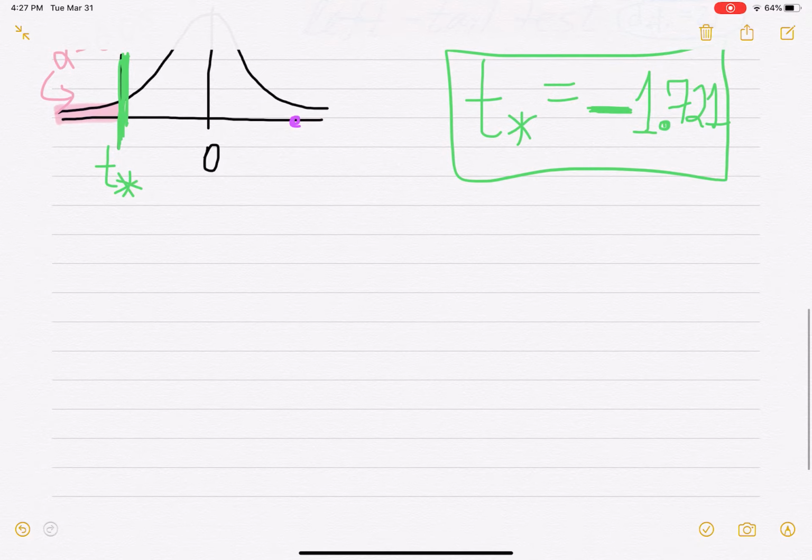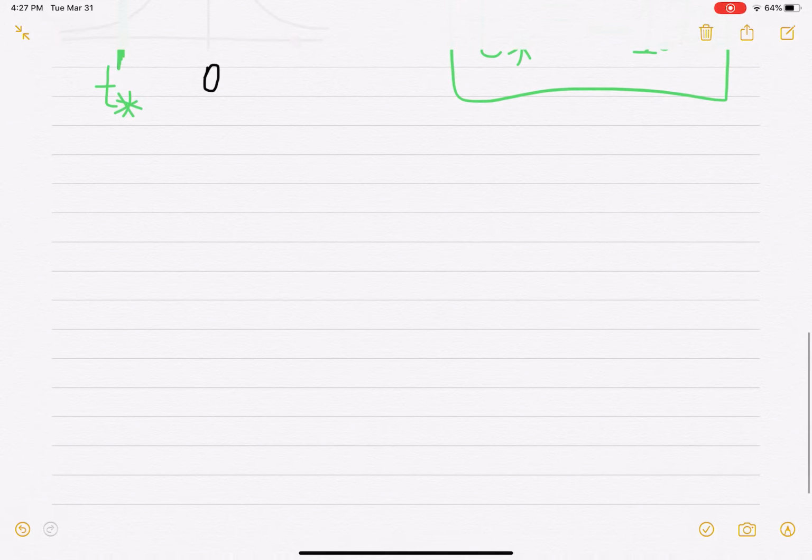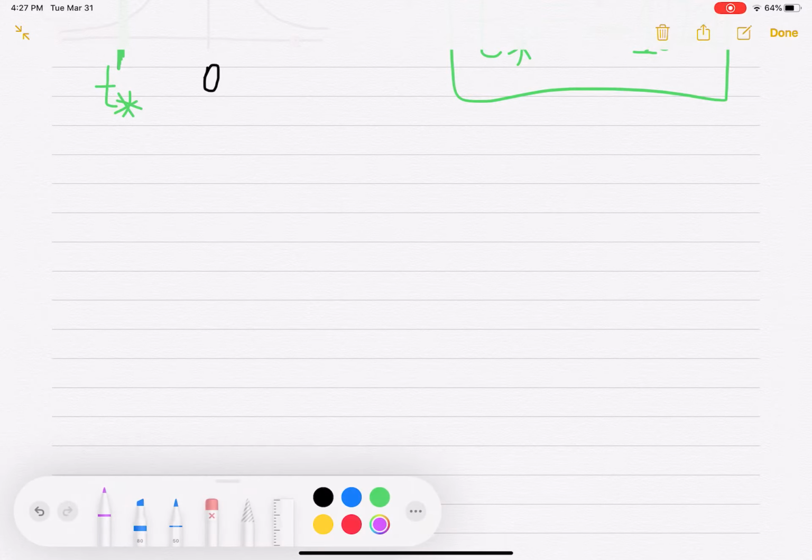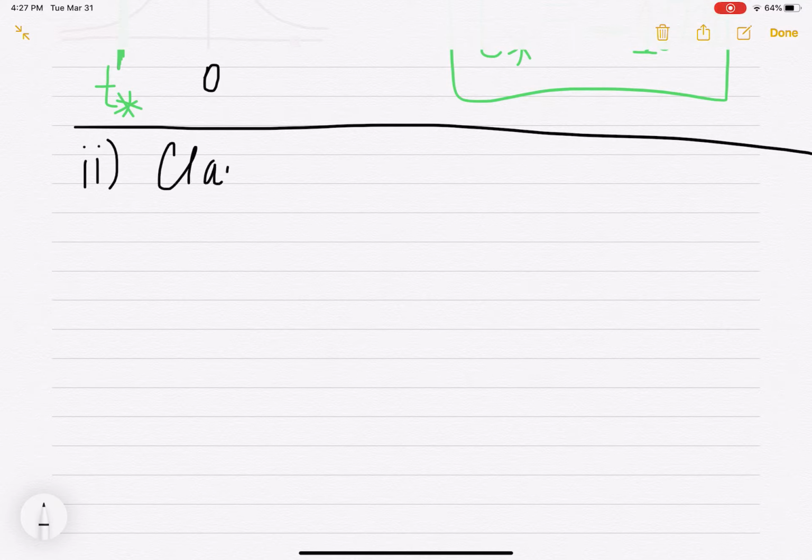Another situation. So here we have number 2. Here's the claim that we want to test.